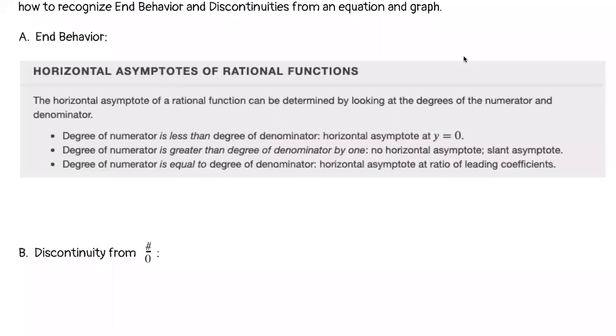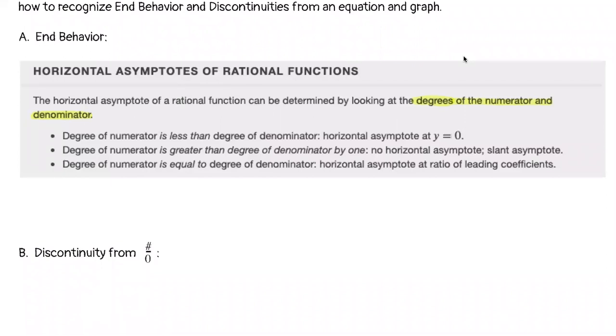Here's what we're going to do. We're going to look at the degrees of the numerator and the denominator. Remember, we learned how to find the degrees. If it's in standard form, we just pick the highest one. But if it's in factored form, we have to add up all the degrees. We're still going to use that here.